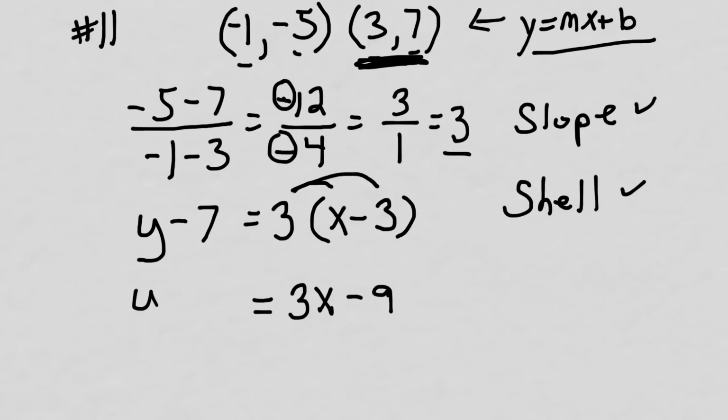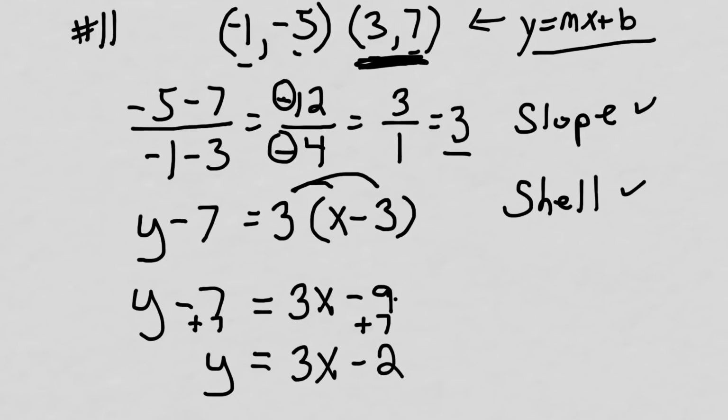So y minus 7 equals 3x minus 9. The last thing you have to do is get y by itself. To do that, we're going to add 7 to both sides. If we do that, we get 3x, and -9 plus 7 is going to leave you with -2. Okay, that's the solve, and you're done.